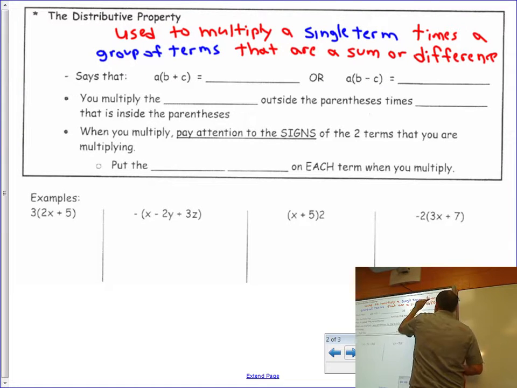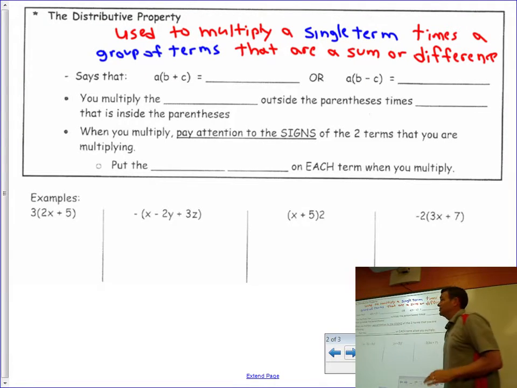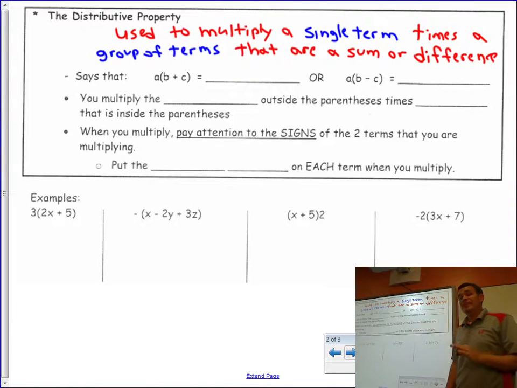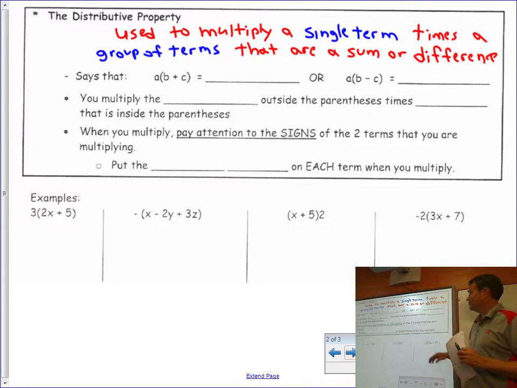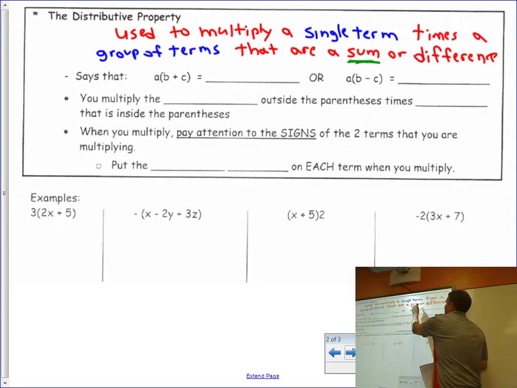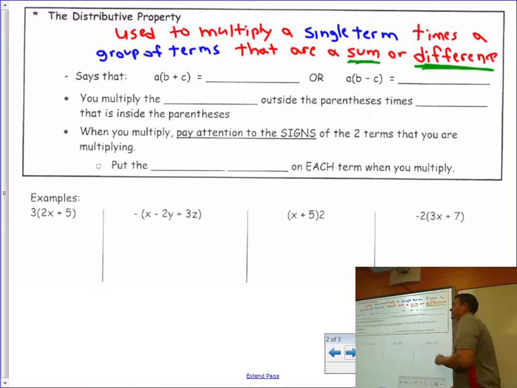The distributive property is used to multiply a single term times a group of terms that make a sum or difference. There's a lot of good math words in there. I want to go over just a couple of them. We know what a single term is, and hopefully we know what a group of terms are. What do we mean by a sum or a difference?